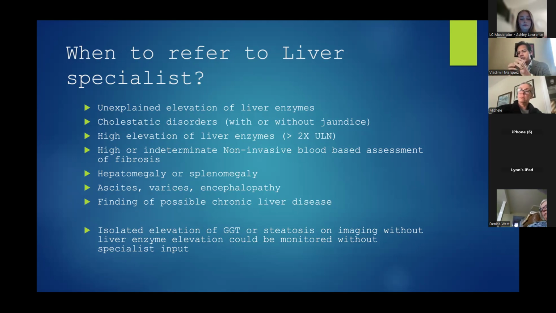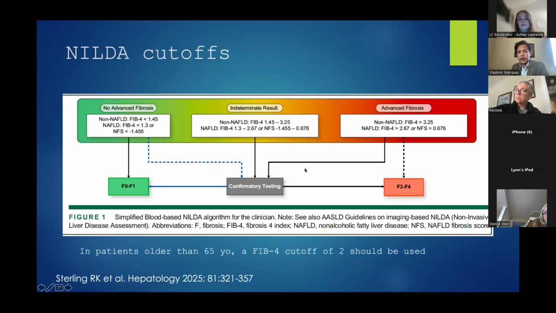And when we start seeing maybe that there are some variations that go back to this high or indeterminate blood test assessment for fibrosis, then it could be a good idea to refer to a liver specialist.